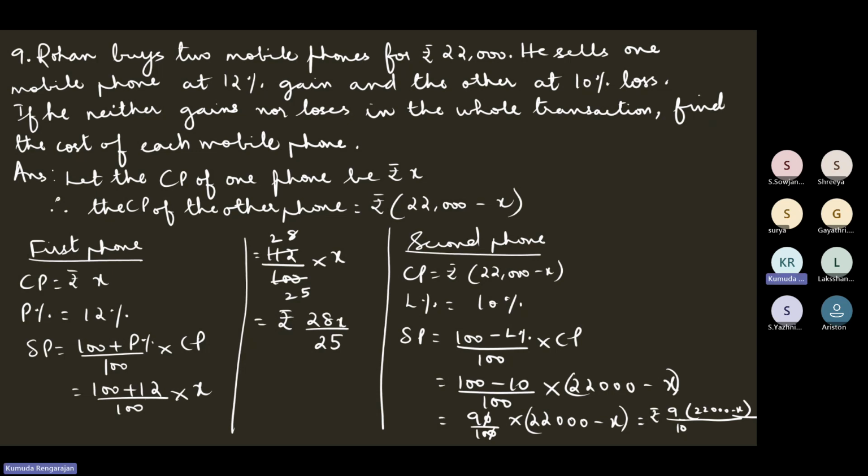No, it will not be. Then what will be the same? So the profit obtained on selling the first phone will be the same as the loss incurred on selling the second phone.